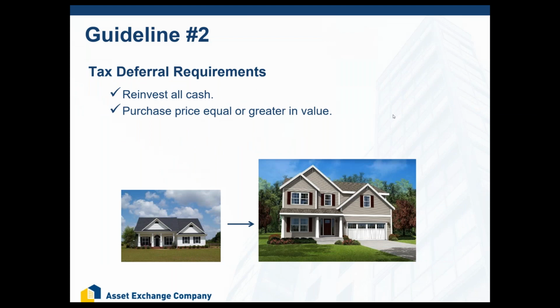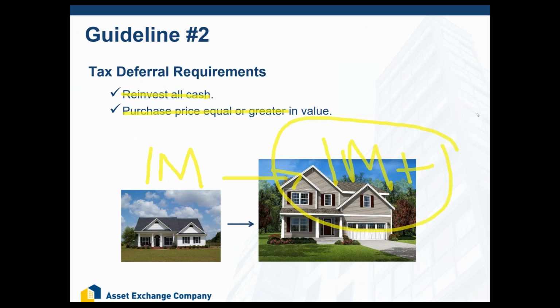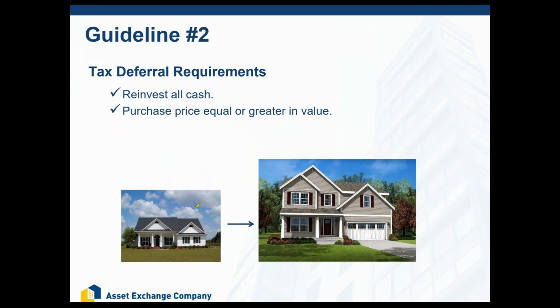Rule number 2. If you do an exchange, you have to reinvest all of the cash and purchase property equal or greater in value in order to defer all of your taxes. If you sold the building for $1 million, you need to buy replacement property for $1 million or more. Now, that could be 2 properties, right? You could sell 1, buy 2. You could sell 4, buy 3. You can do multi-property exchanges.